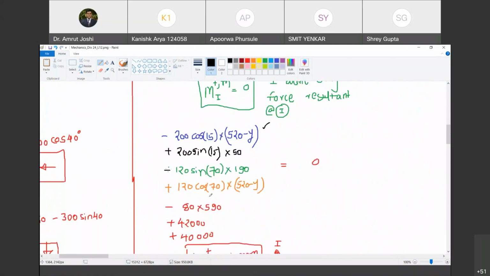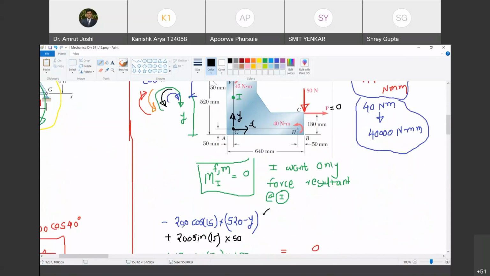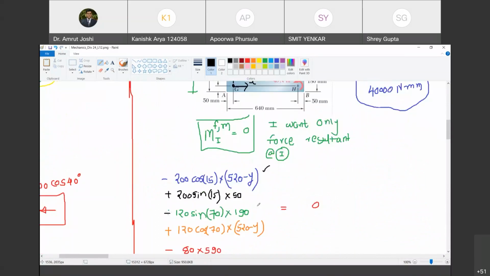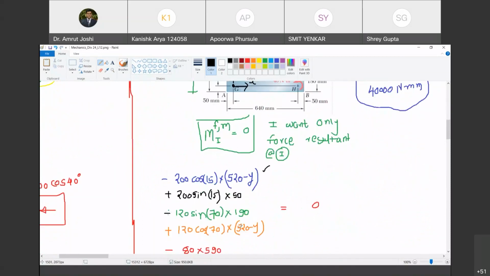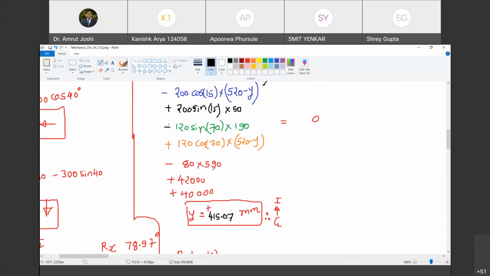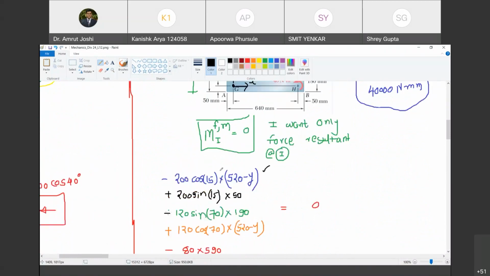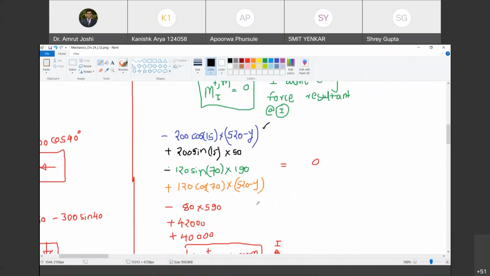So plus 120 cos 70 multiplied by 520 minus y, this is also correct, minus 80 into 590, that is also correct.